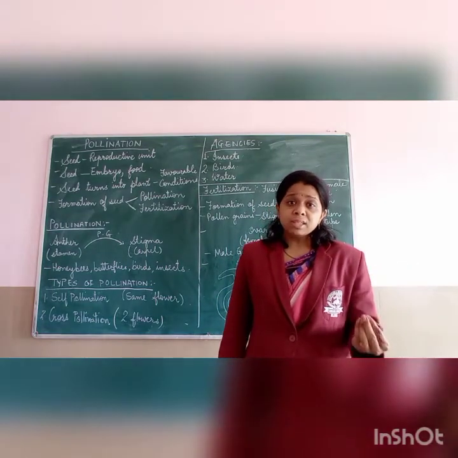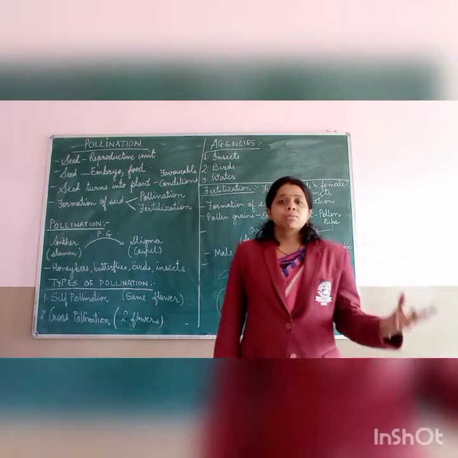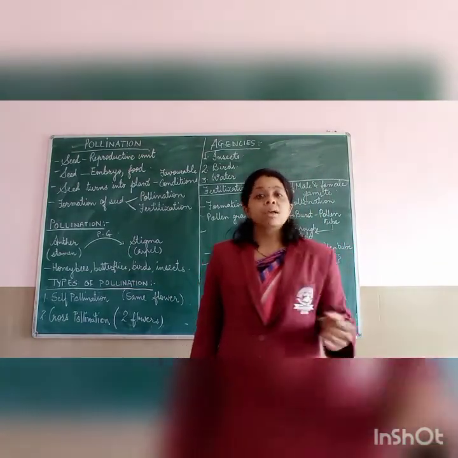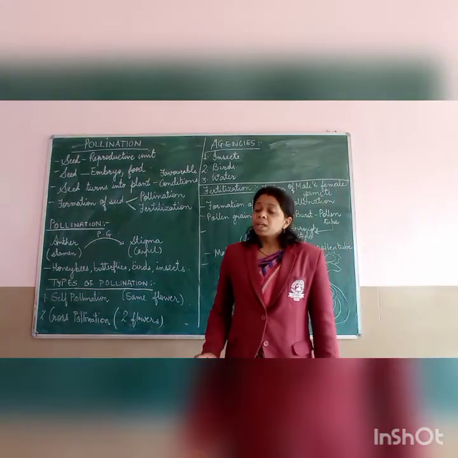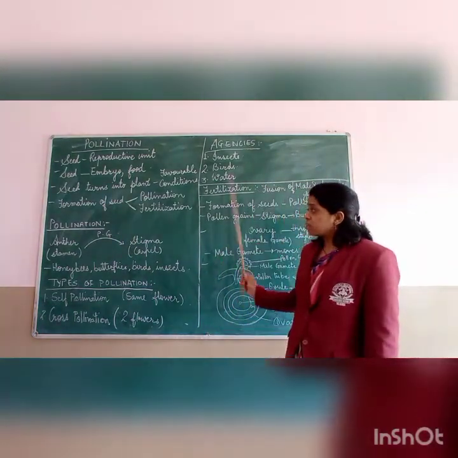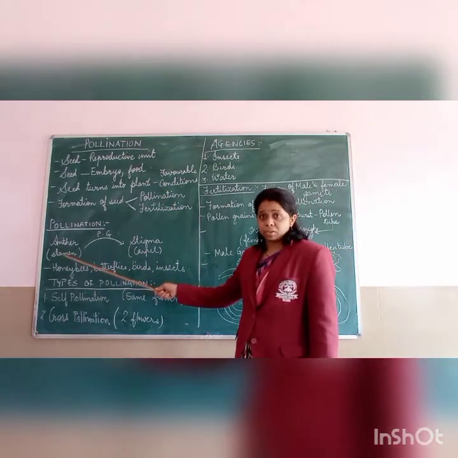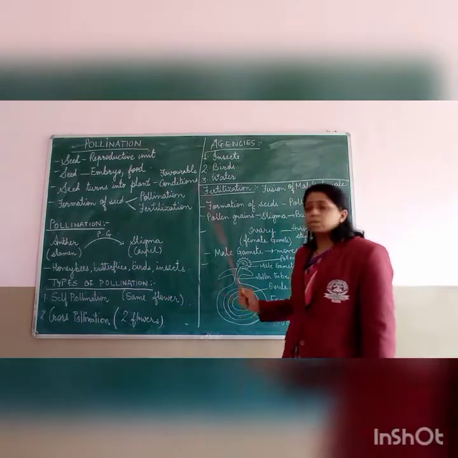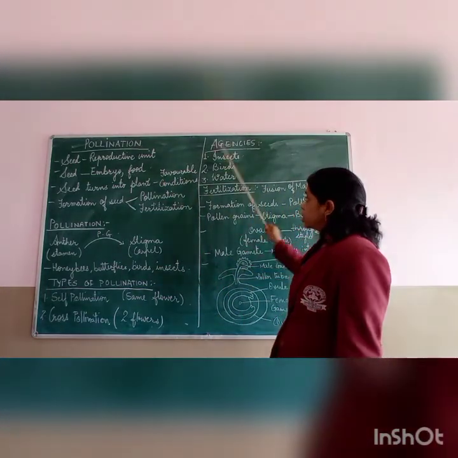The pollen grains which are ruptured ones will be carried away by the air current from one flower to another flower. In this way, the pollen grains are transferred from the anthers of one flower to the stigma of another flower. So this is all about pollination.